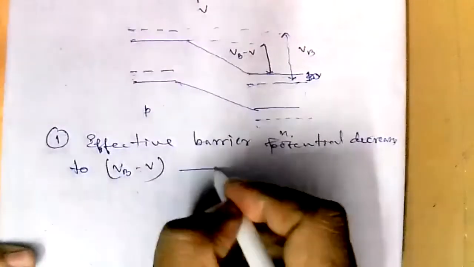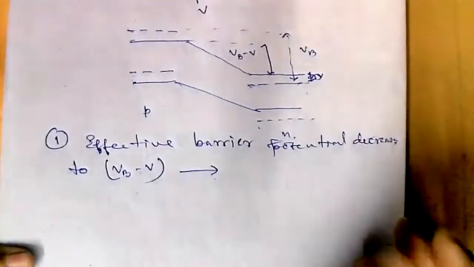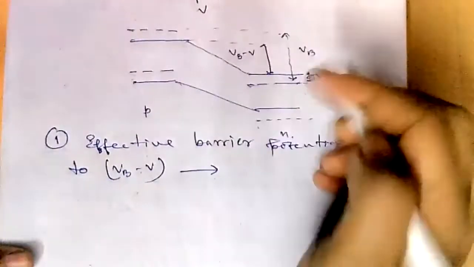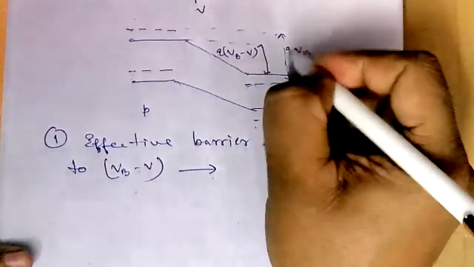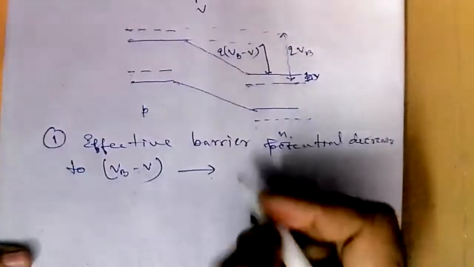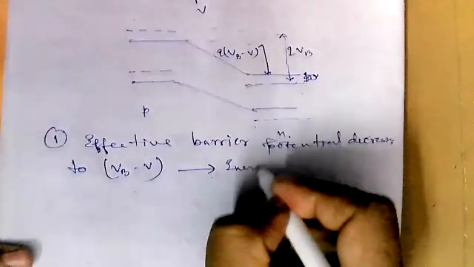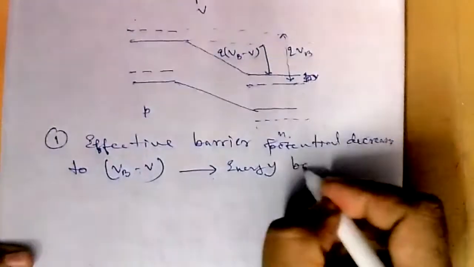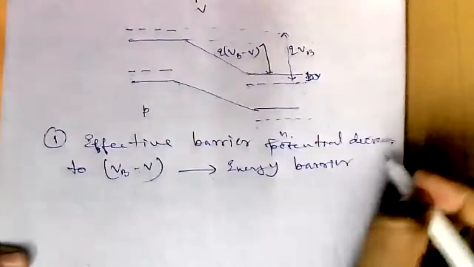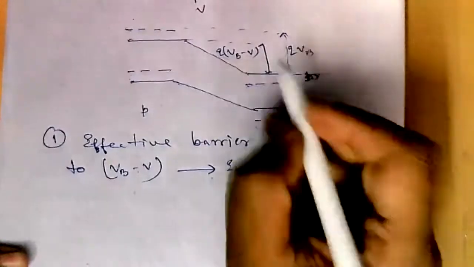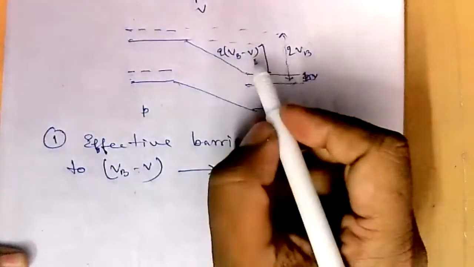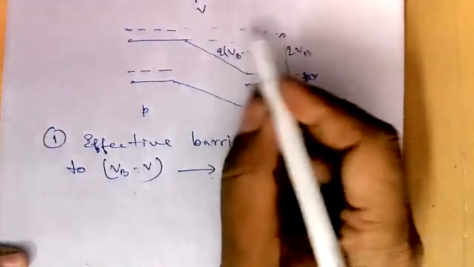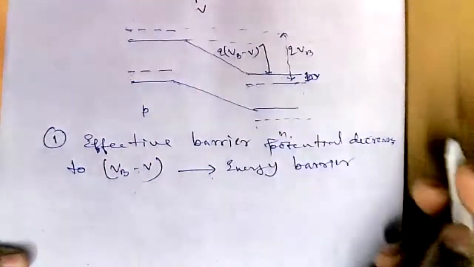So what will happen? The energy barrier across the junction decreases. Initially the energy height was Q into VB. Now it is Q into VB minus V. So energy barrier is Q into VB minus V. Initially it will be VB minus V. When this V goes over VB, then it will be V minus VB.